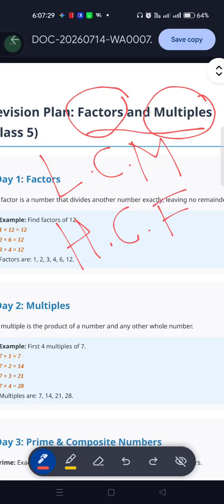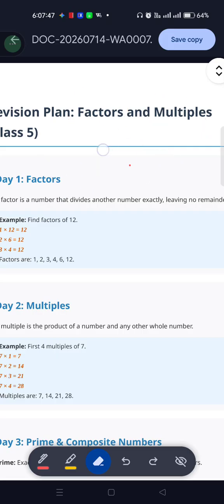Some of you were having some problems in HCF and LCM, so in this video we will sort out your problem, so carefully watch the video till the end. Okay, so now we are starting from factors.